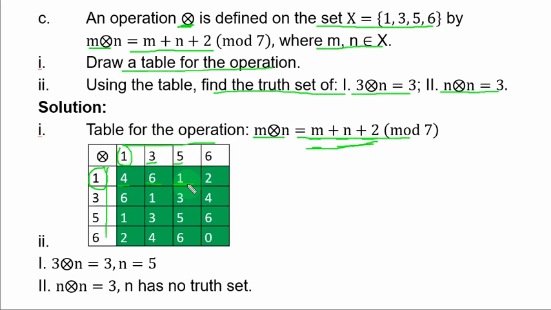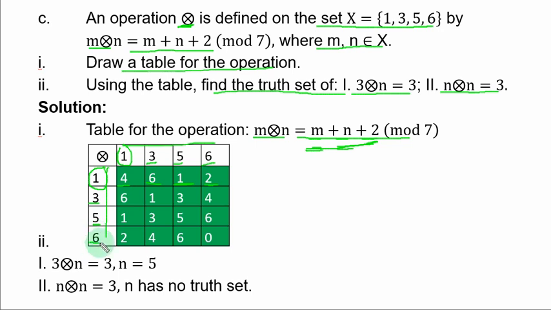What you record is the remainder, hence here is 1. You take the same one against 6 and you have 1 plus 6 is 7. 7 plus 2 is 9. Divide 9 by 7. You have 1 remainder 2. You record the remainder. You take 3 against all the n elements and you have the second row, you take 5 and you take 6.